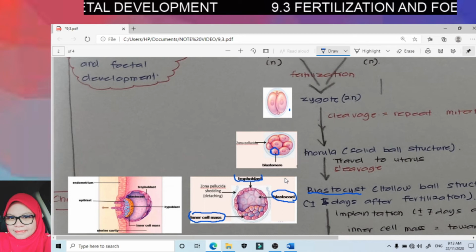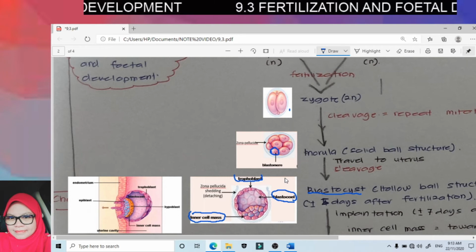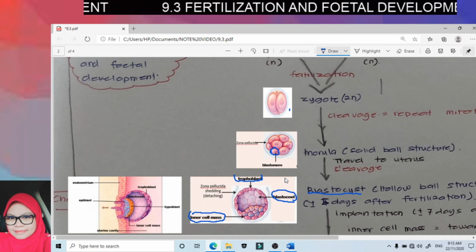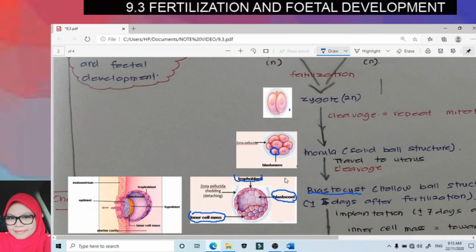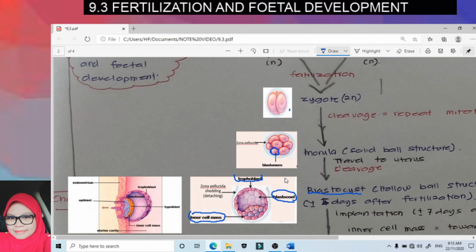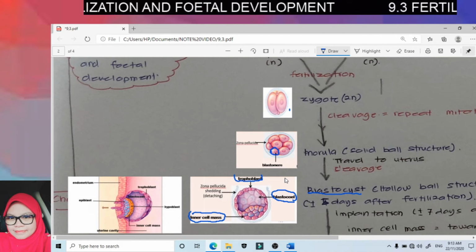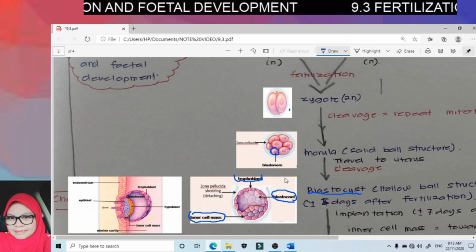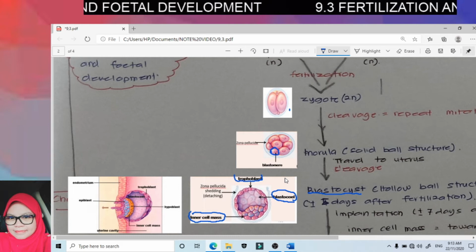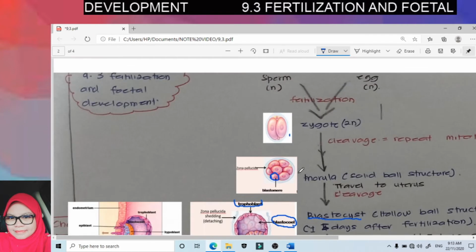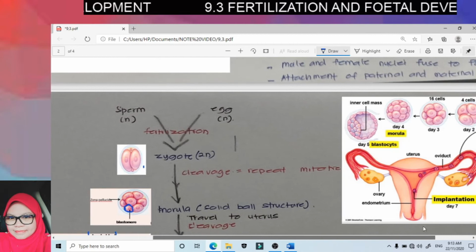The blastocoel is the empty zone filled with fluid, and the inner cell mass is the area with compact cells. Then this blastocyst may bury itself in the uterine wall. It may undergo implantation. So look at here.